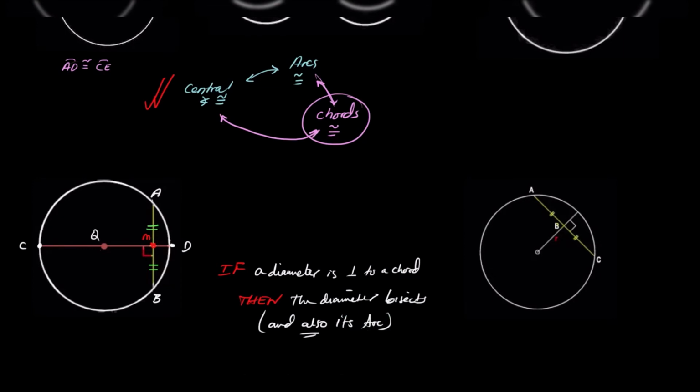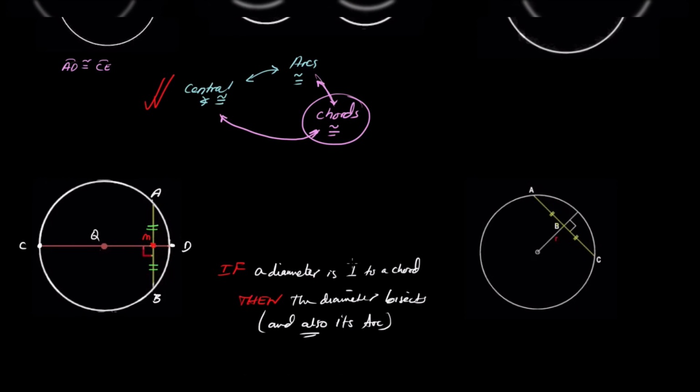Because that's intuitive, we should not prove this, but if the diameter is perpendicular, it does two things. It bisects the chord, but it doesn't stop there. It also bisects the arc that the chord makes, and that's easy enough to demonstrate, and it's kind of intuitive. Perhaps you can prove that. But the theorem is easy enough to understand.